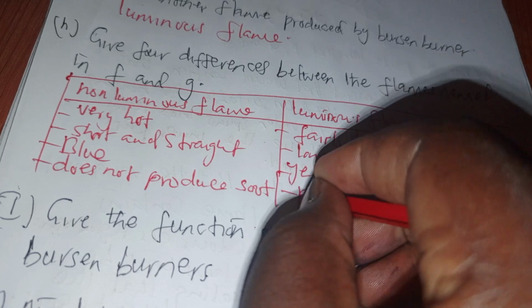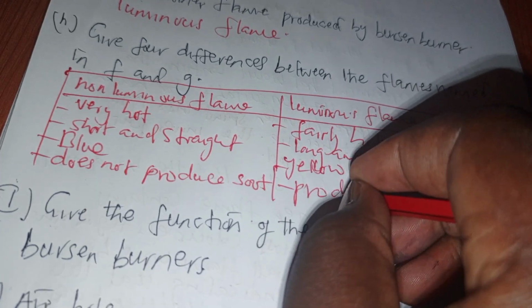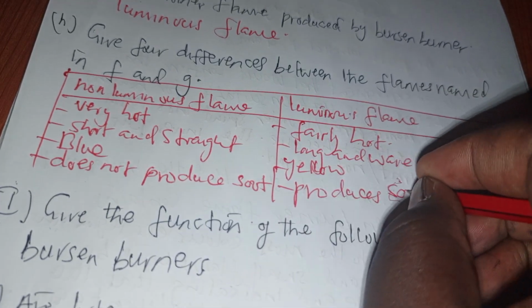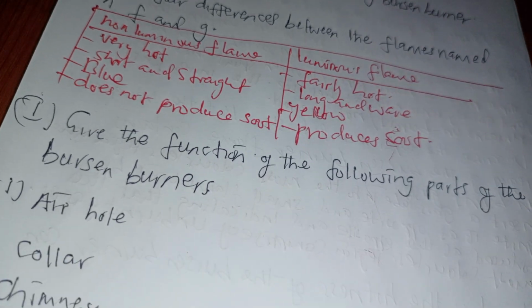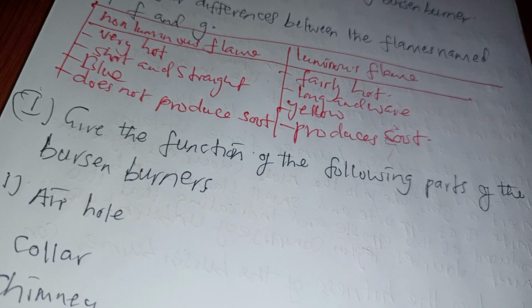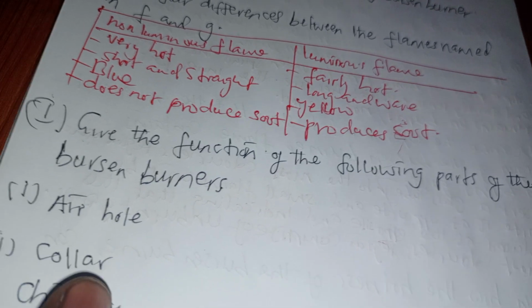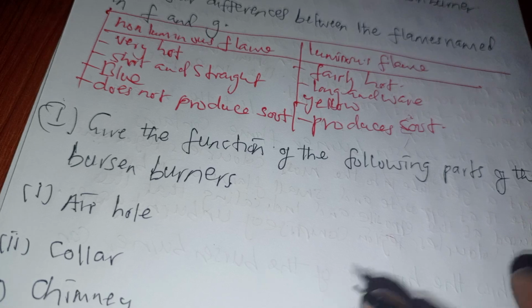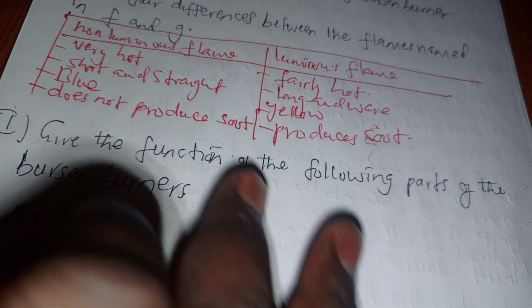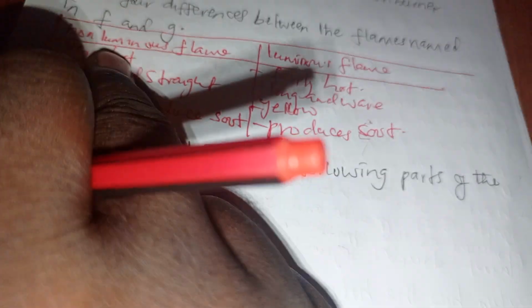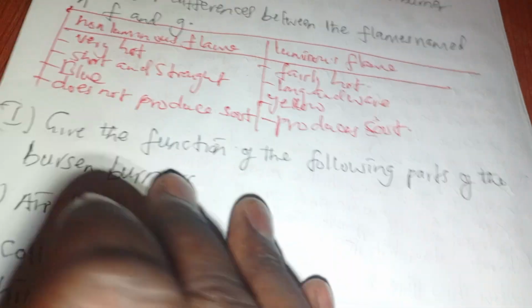This one produces soot. So these are differences between the non-luminous flame and the luminous flame. So take these points seriously.